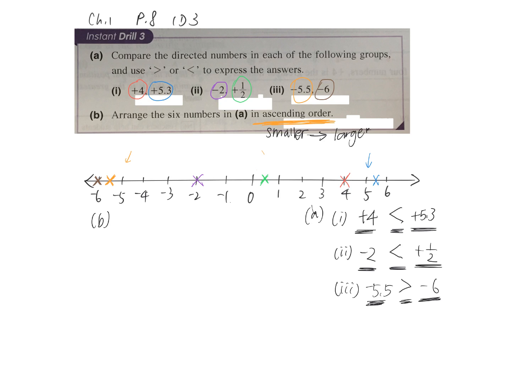We will see from left to right, the smallest number should be negative 6. So I'll put negative 6. And then the next on the number line will be negative 5.5. So from left to right, I'm listing numbers out. So we've got positive 1/2 and positive 4. And finally, positive 5.3. So that's done. This is called to arrange numbers in ascending order.